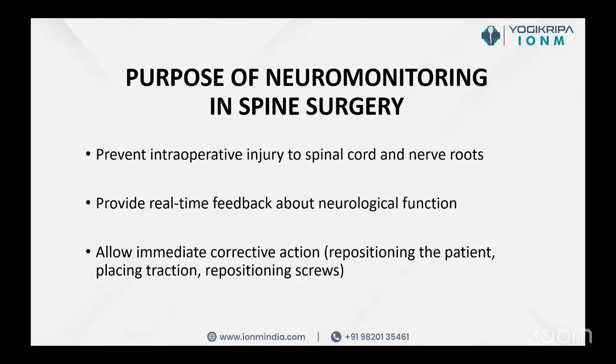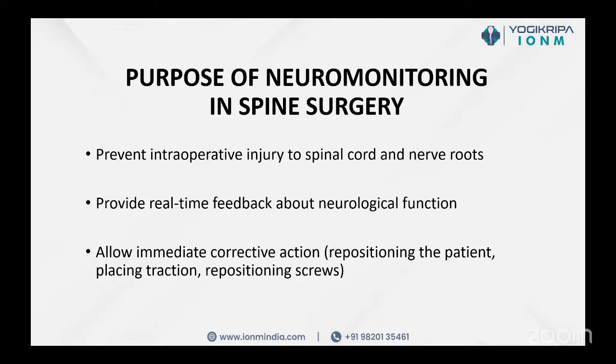Sometimes when the patient is on traction, we have to keep checking as they increase the weight of the traction, at 2 kgs, at 4 kgs. If there is any signal fall, we immediately inform the surgeon and the steps have to be reversed.